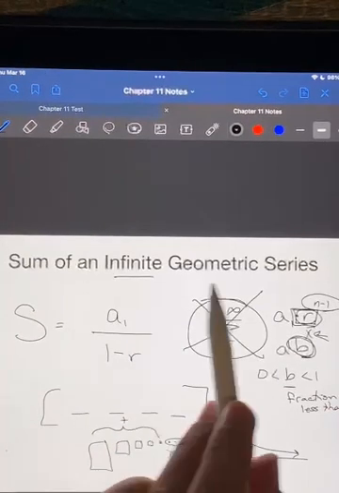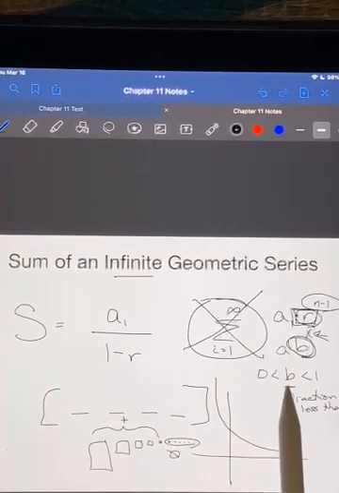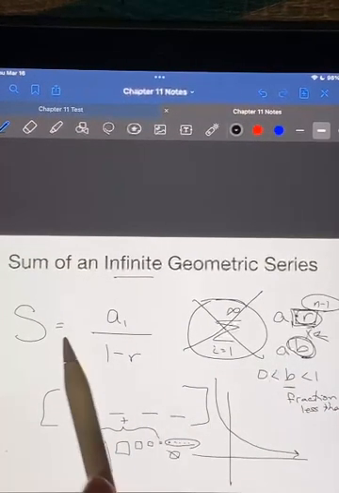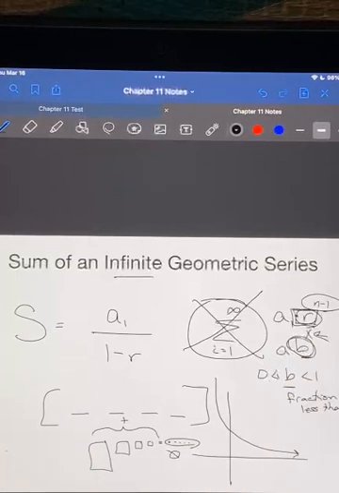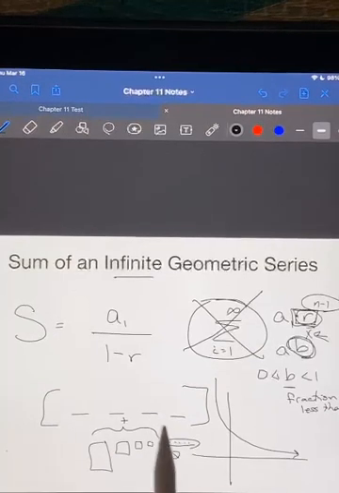So when we have an infinite geometric series where we have a decay rate where our rate is between 0 and 1, we are adding pieces that are so small that they have no effect on some big bulk. And so eventually it does reach some number.